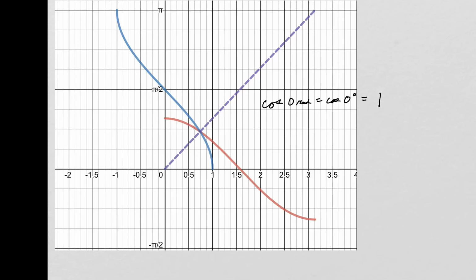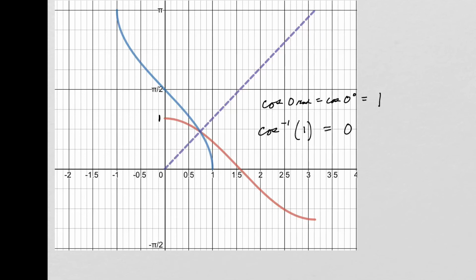Remember, it's the red graph. If my input to cosine is 0, my output is going to be exactly equal to 1 there. So this is 1. So therefore, if I do the inverse cosine or the arc cosine of 1, I better get back 0, right? So in this case, if I do the inverse cosine, which is the blue curve, of 1, what do I get back? I get back 0, right? I get that point right there. So it's exactly on the point 1, 0.